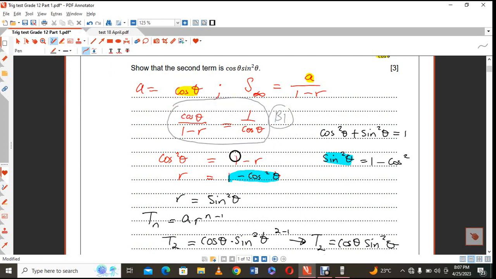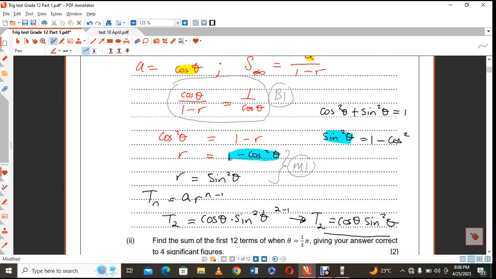And then you're going to get a method mark. A method mark already comes from this application here where we calculated the R. Then obviously you get an A mark for this final answer.